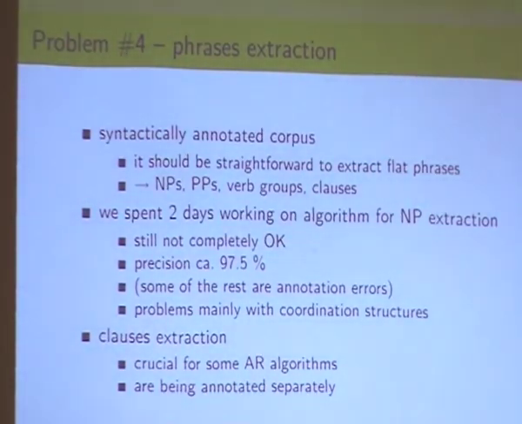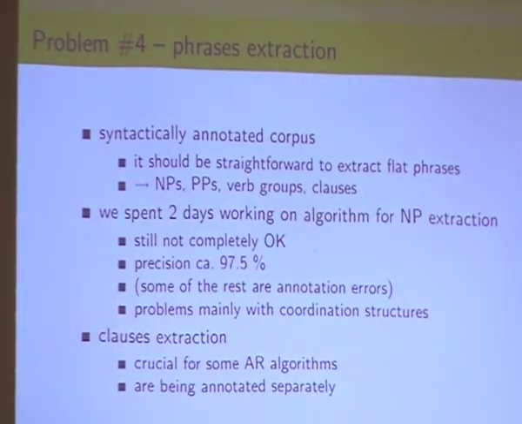We haven't measured recall, because the point was to get noun phrases as precisely as we can. We were not really interested in getting all of them, but we wanted the phrases we get to really be noun phrases. This is why precision was important.